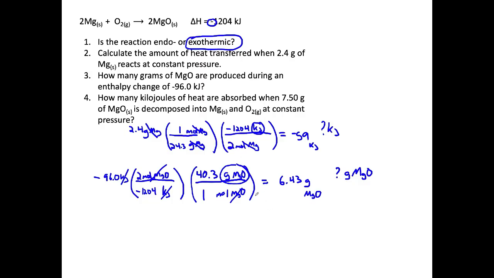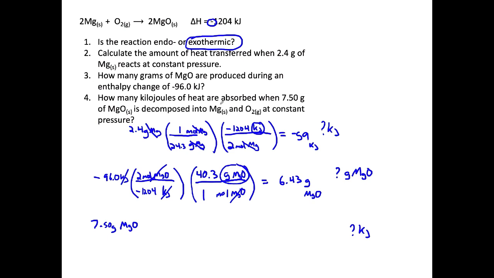All right, and finally, how many kilojoules of heat are absorbed when 7.5 grams of MgO is decomposed into Mg and O2 at constant pressure? All right, so again, I'm looking for how many kilojoules as my answer, and I'm going to start with 7.5 grams of MgO.